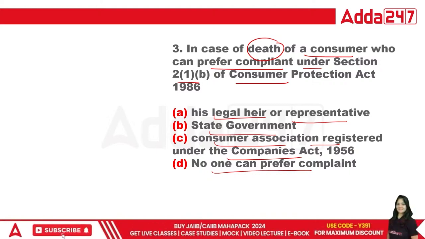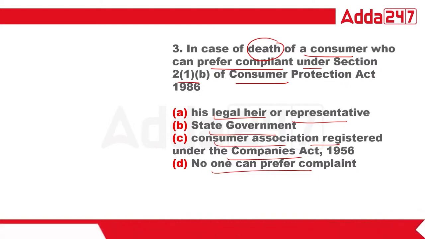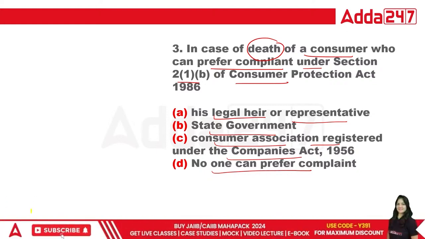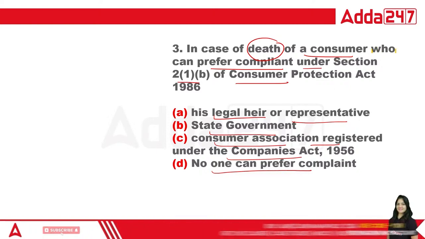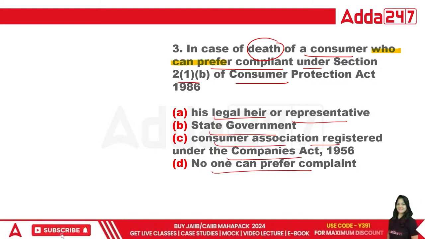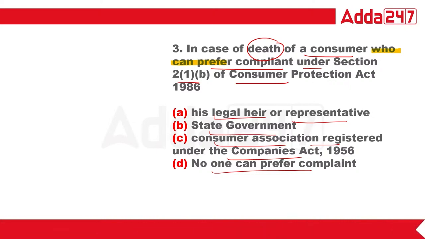In the case of death of a consumer who can prefer a complaint, so who can prefer? A, legal heir or representative, state government, consumer association registered under the Company Act, or no one can prefer the complaint.